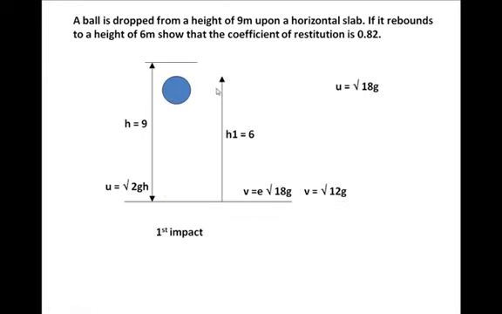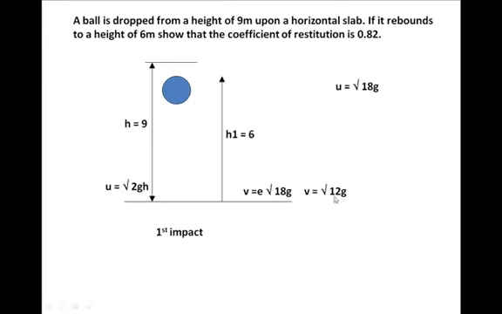Now we know from maybe the second or third slide in this video that this h and this v are again related through root 2gh. So root 2 into h, this 6, that is root 12g. So this velocity, which was equal to e root 18g, is also equal to root 12g.